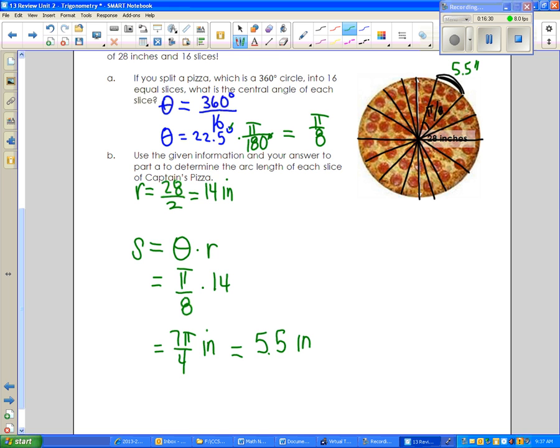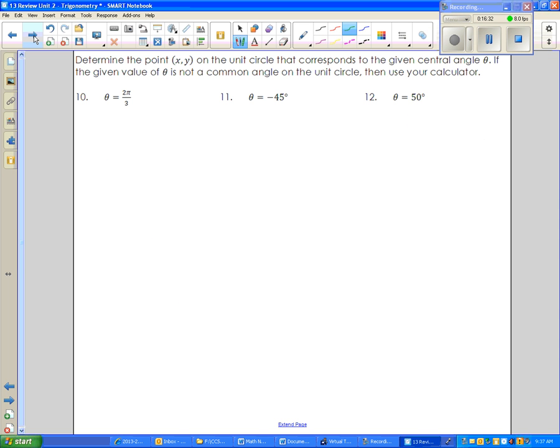All right, in the next section, you're basically asked to determine the point (x, y) on the unit circle that corresponds to the given central angle theta. If the value of theta is not a common angle on the unit circle, then use your calculator. So if theta is equal to 2 pi over 3, that is an angle on my unit circle.